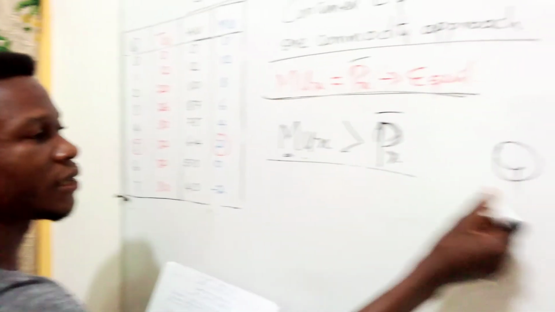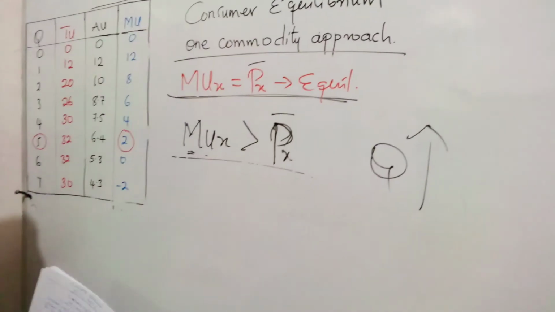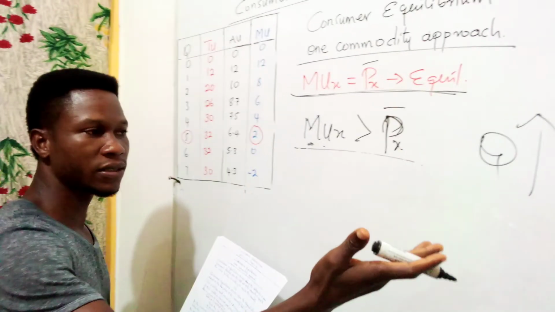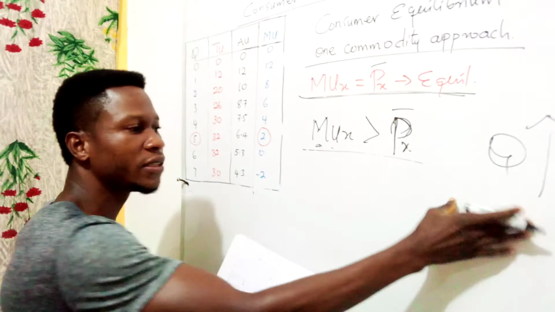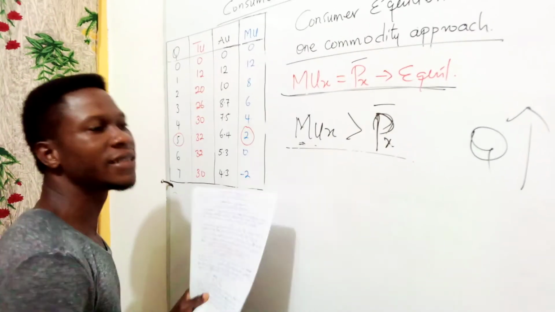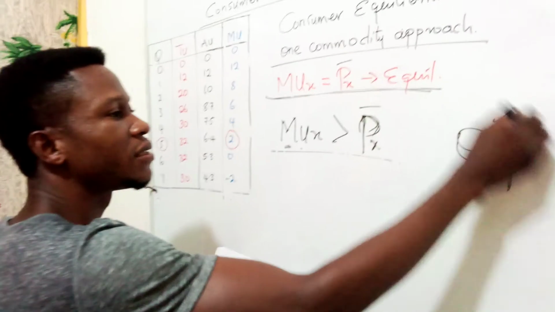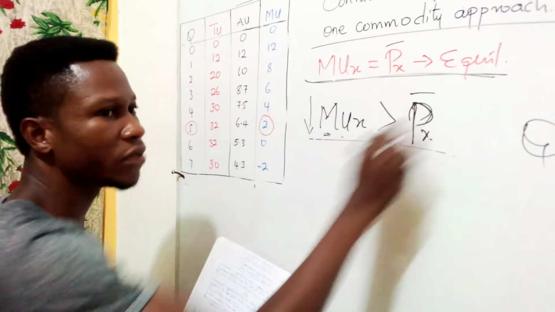Now we are saying that in order to reduce marginal utility, we have to increase the quantity consumed. That is what the law of diminishing marginal utility says, that as less and less of a commodity is consumed, marginal utility increases. That is the opposite. So if we increase the quantity consumed, the marginal utility will decrease and it will be equated to the lower price.